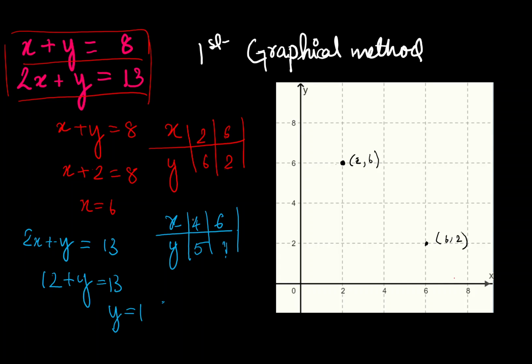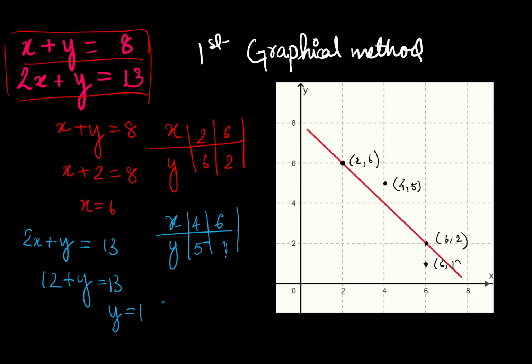Next is (4, 5), so this is 4, and my 5 will be here. And the next one is (6, 1). I have a 6 here and a 1 here. The x-axis is always first, so (6, 1).